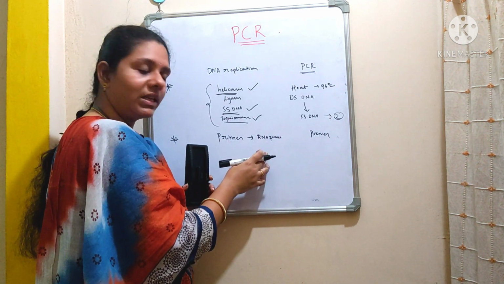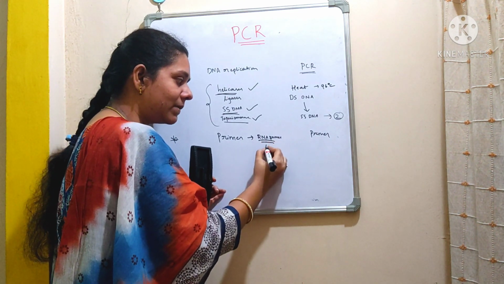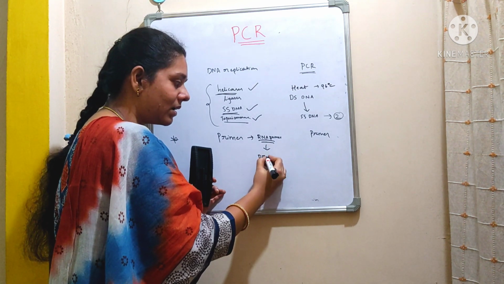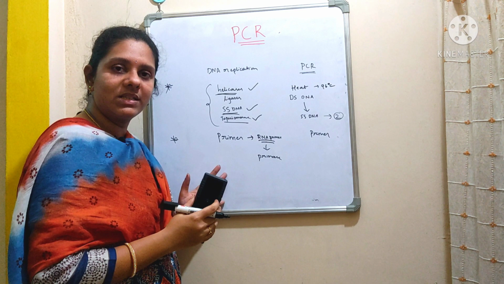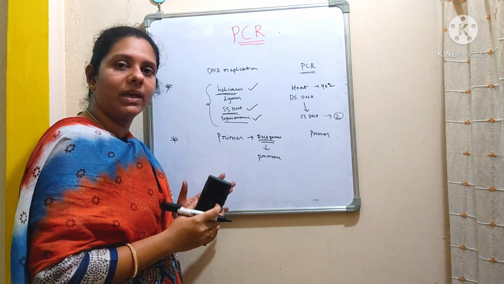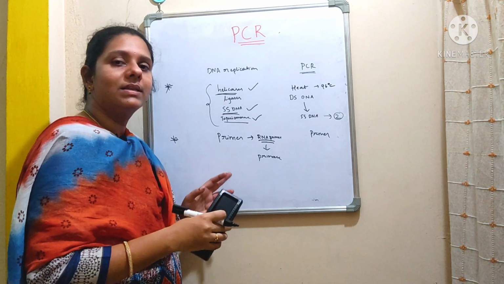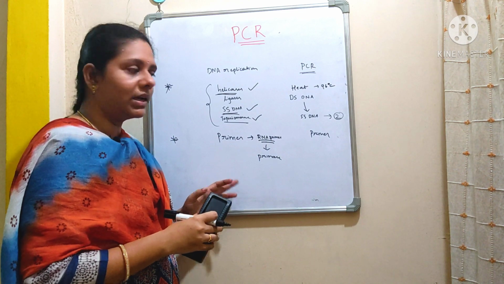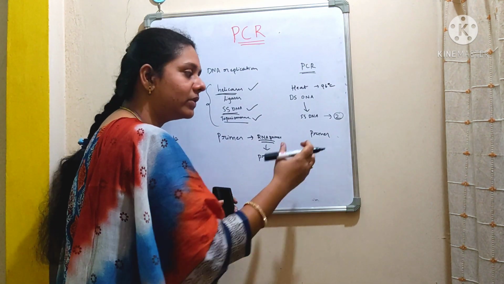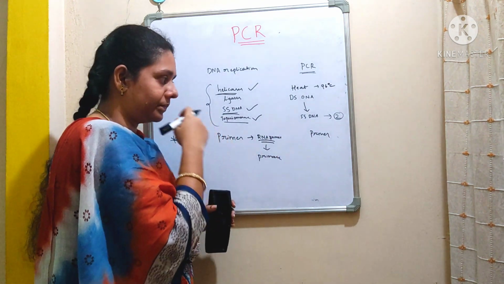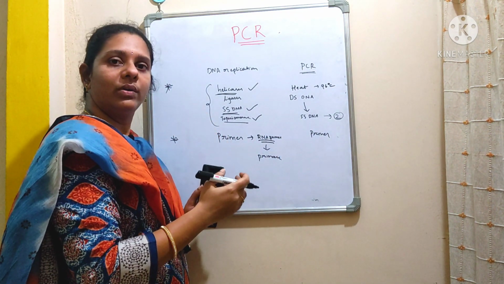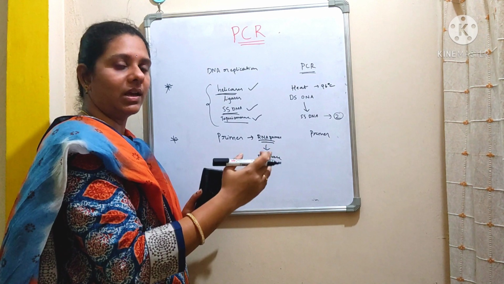In DNA replication, this primer is synthesized by the enzyme primase, which forms a complex with the single stranded DNA binding proteins, forming a primosome which will supply the RNA primers. But in PCR, we provide a primer that is synthesized chemically, which will initiate the synthesis of DNA.